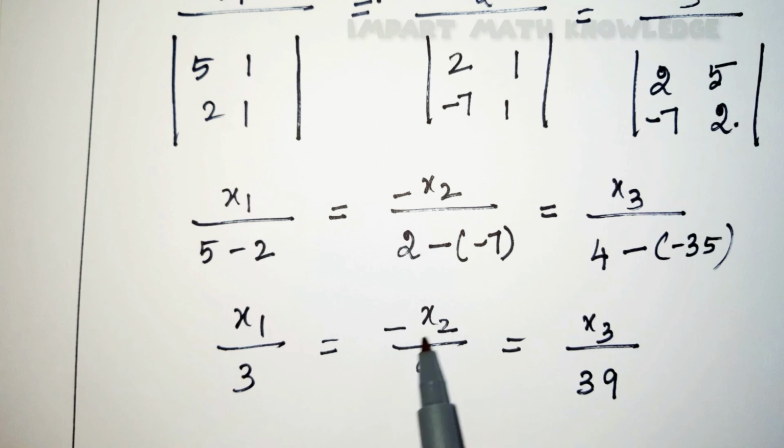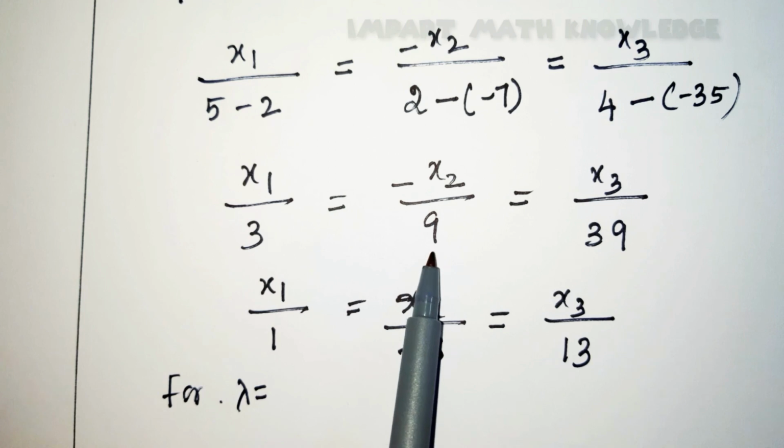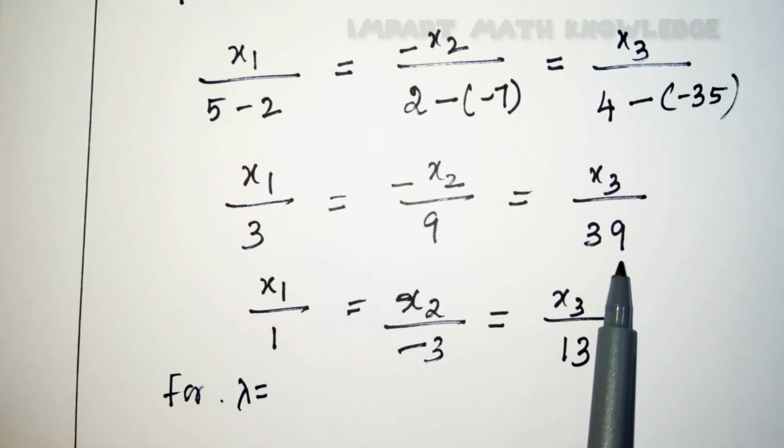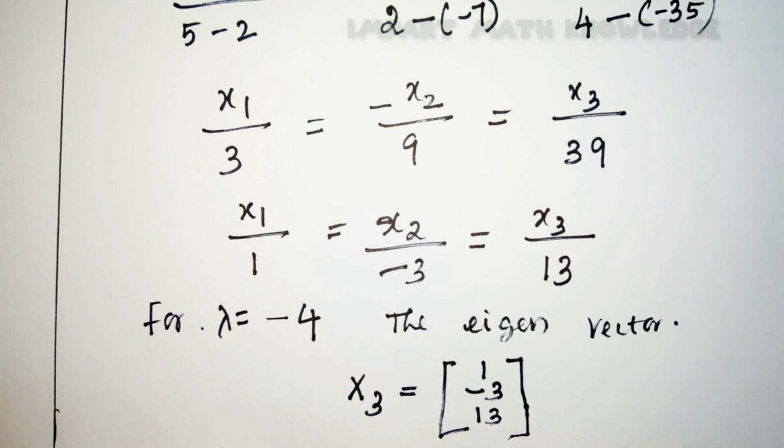So x1 by 3, minus x2 by 9 and x3 by 39. All the values are divisible by 3. So the simplest form is x1 by 1, x2 by minus 3 and x3 by 13. For lambda equal to minus 4, the eigenvector x3 is equal to [1, -3, 13].